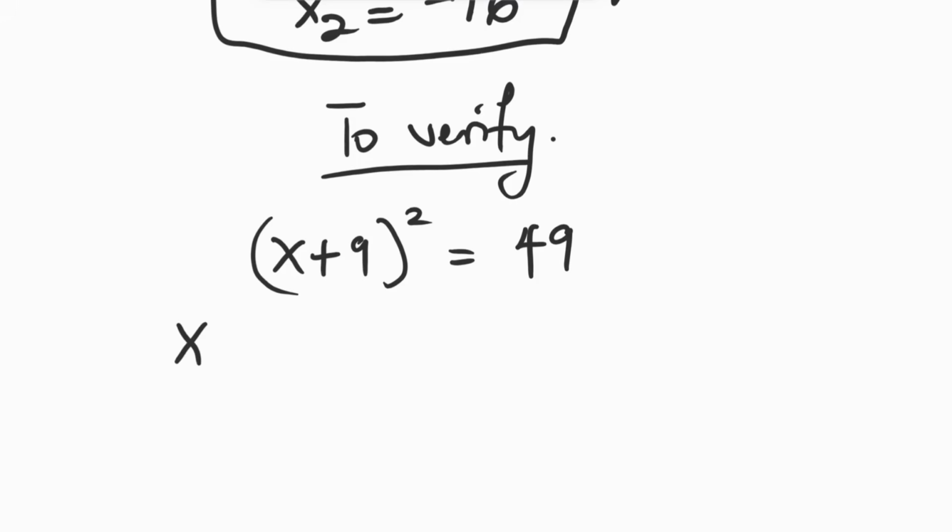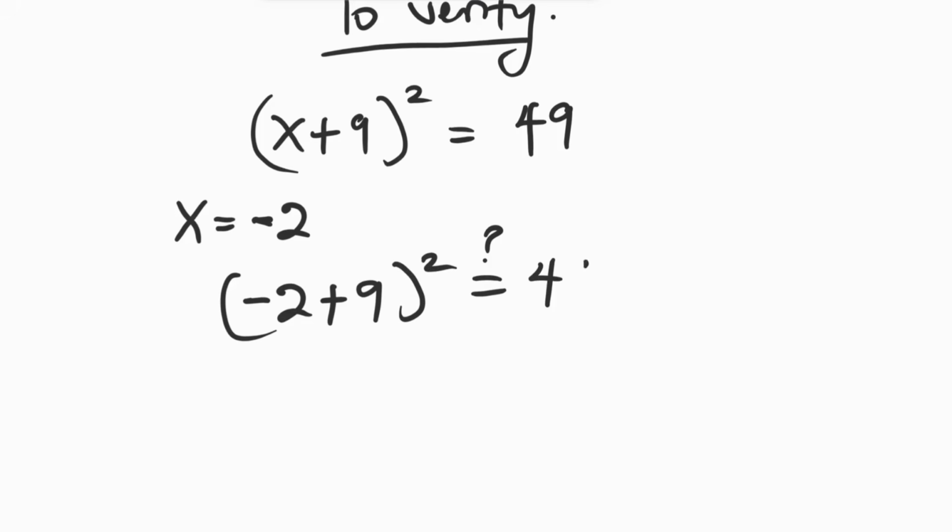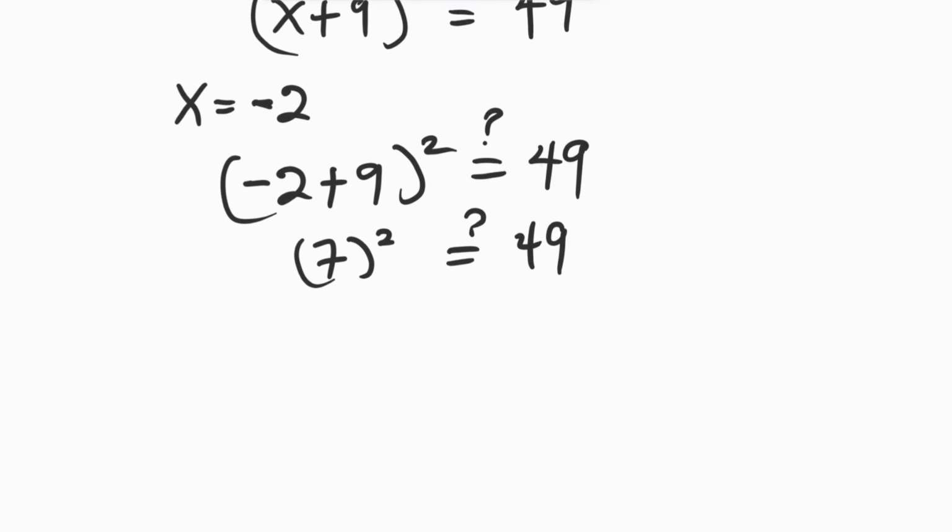So if we start with x being minus 2, we plug in minus 2 into the question, and then we see that minus 2 plus 9 will give us 7 all squared. And we see that 7 squared is 49.